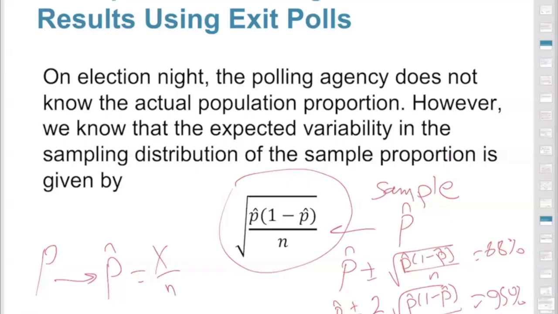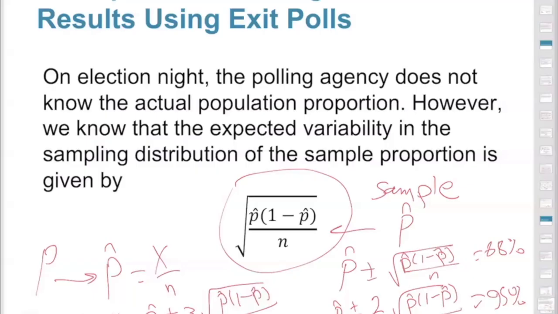And as I said to you, the remaining for 3 standard deviations, P hat plus or minus 3 times the square root of P hat times 1 minus P hat divided by N, here you will have approximately 100% of all sample proportions, or you can say the minimum and the maximum of the proportion. Okay?